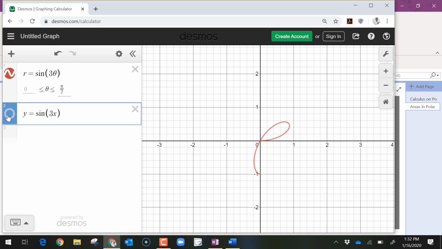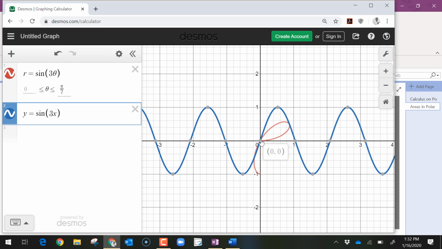And if you look at the graph of this, you can kind of see it starts at 0 when x is equal to 0, but it also ends over here. Desmos gave us the answer right here. Pi over 3, right? So if I take this to pi over 3, I get that one leaf that I want. So when you're finding areas here, the most difficult part will probably be trying to figure out the boundaries. Okay?